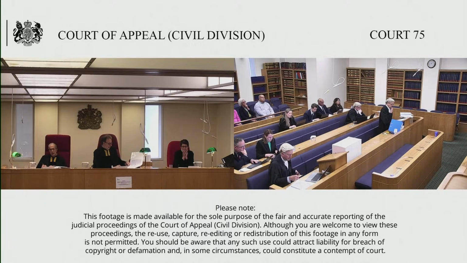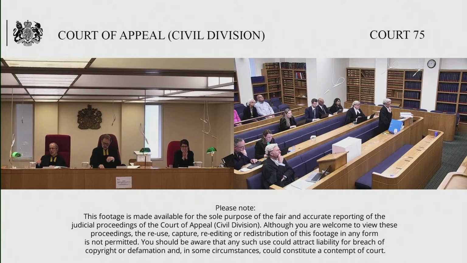Now, suppose they were right that the different treatment of the claimant and Dr. Laniado raised an inference of discrimination. What evidence could the GMC have called in order to displace that inference? Well, obviously it depends on how they wanted to put the case, but they could have called evidence saying it was an oversight.